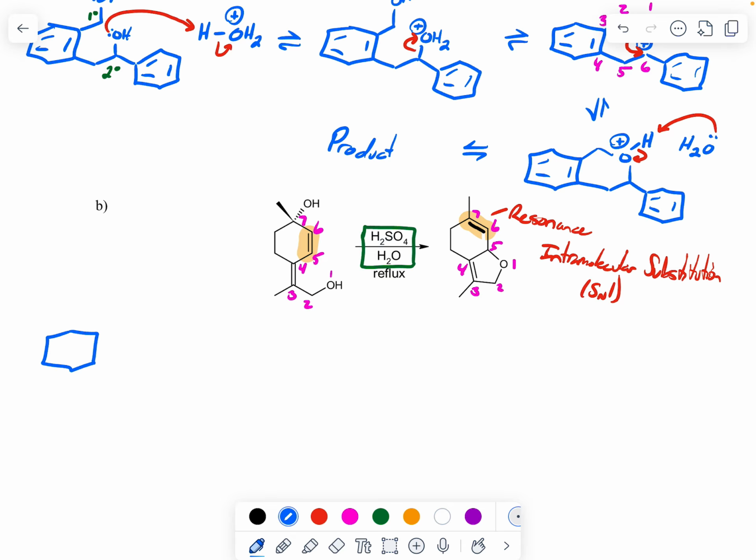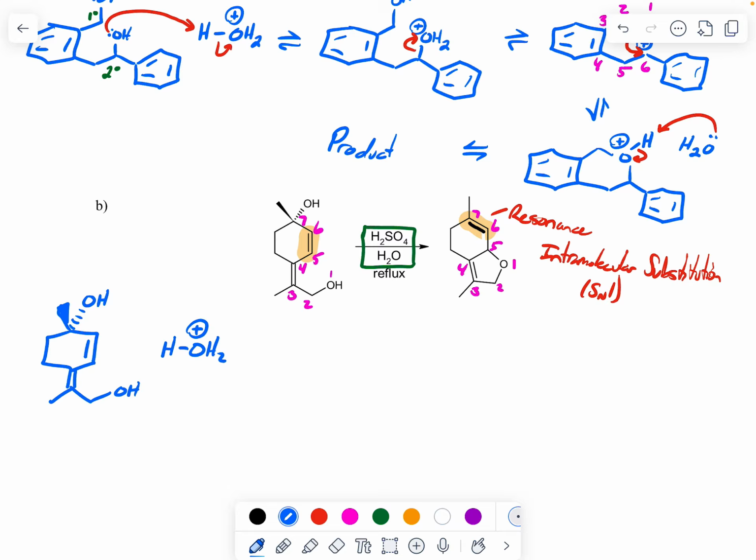Once again, we're going to redraw out those starting materials, along with our H3O+, so that we can then utilize this. So now we have to ask ourselves, what is the most basic atom on this molecule? This is the same thing that we did above.